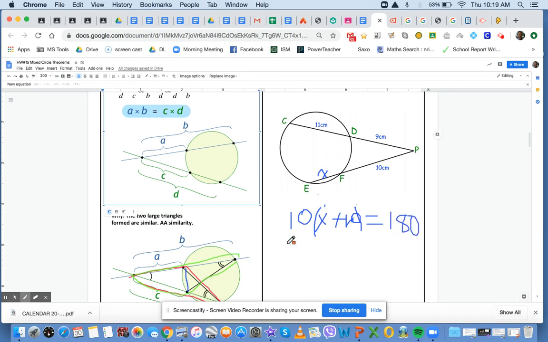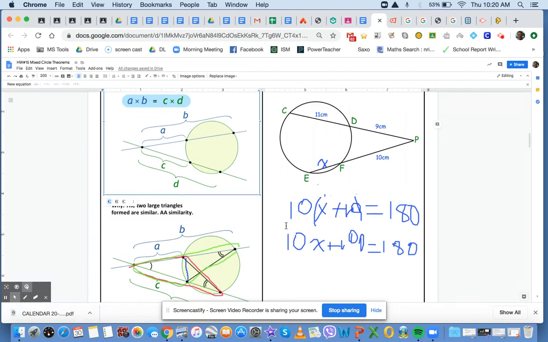Okay. So we have 10x plus 100 equals 180. This is slower than slow. All right.